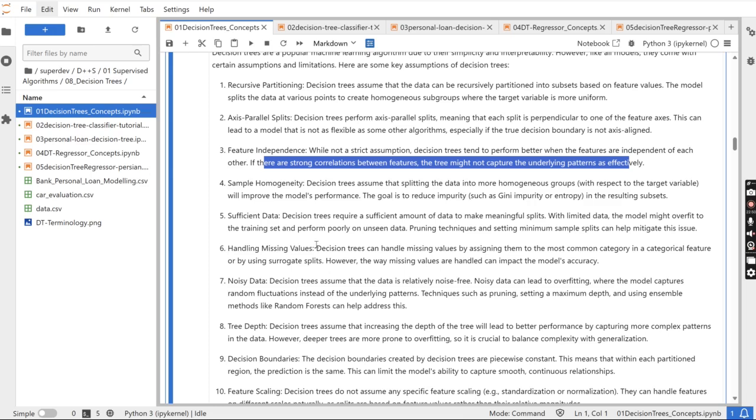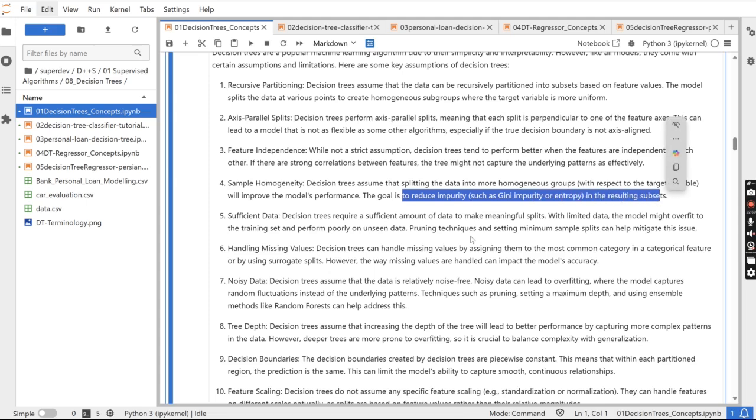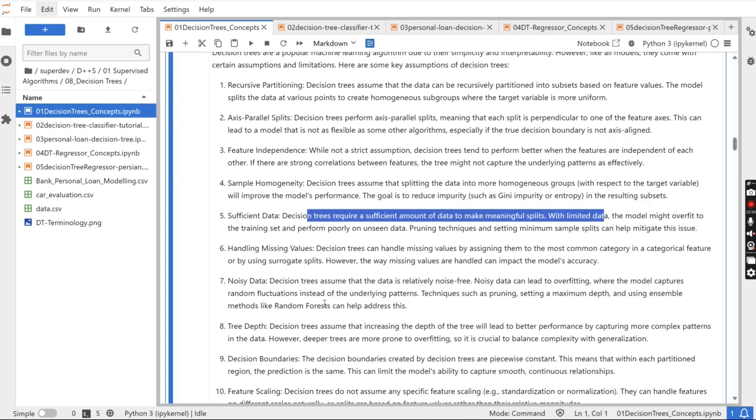Next is homogeneity. Homogeneity means decision trees split the data into homogeneous groups, groups that consist of the same kind of data, and the goal is to reduce the impurity, either entropy or Gini impurity, in the subsets. And there should be sufficient data for doing the splitting.